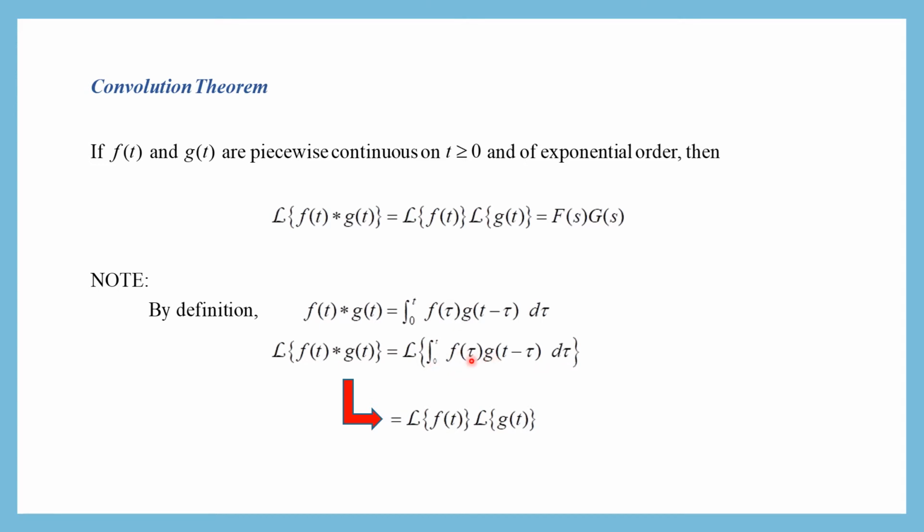Okay, now since these two are equal, therefore these two must also be equal. So if you want to find the Laplace transform of the integration from 0 to t of f(tau) g(t minus tau) d tau, we can also get the result by finding the Laplace transform of f(t) multiplied by the Laplace transform of g(t).